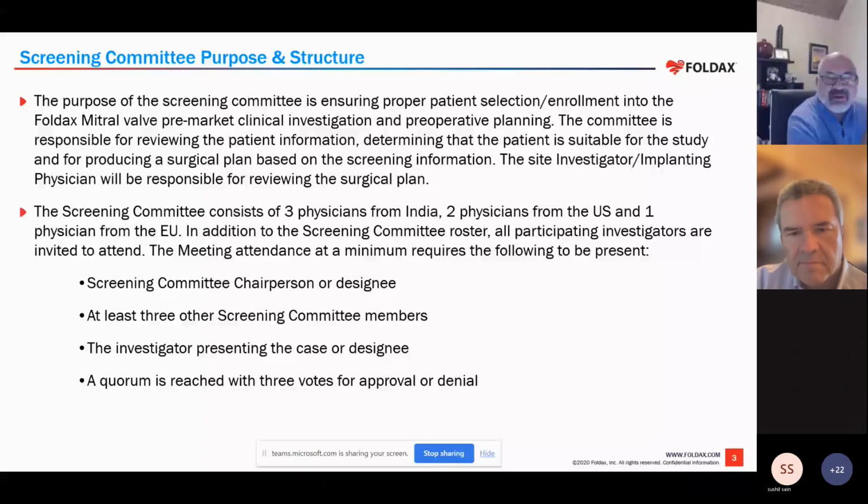After that, we usually go to a virtual, offline process. We need 3 votes from the committee members for either approval or denial. And if the physician on the committee is also presenting a patient, of course, his vote doesn't count for that particular patient.